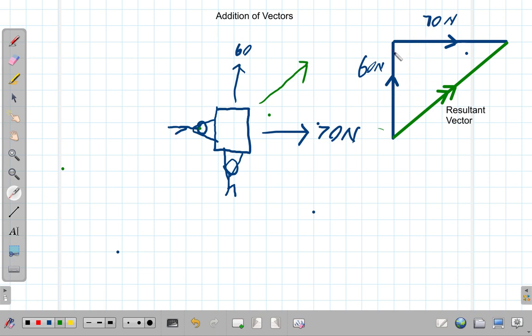This is called the triangle rule, or the triangle law of adding two vectors. What it says is that when you add two vectors, join them so that the end of one vector touches the beginning of the other. These will be two sides of a triangle. Then close it with a third side. That third side that closes the triangle is the answer, which we call the resultant.